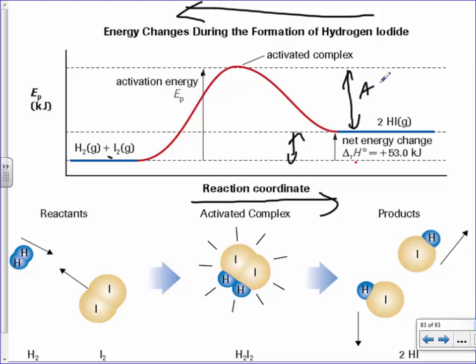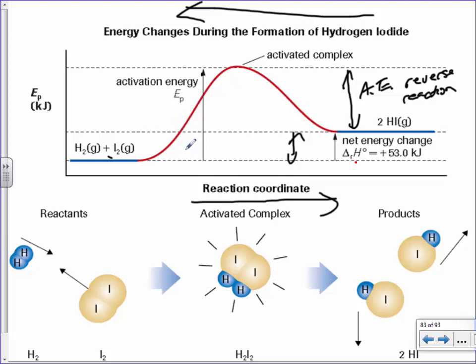That would be the activation energy for the reverse reaction. Does that make sense? So if you wanted to put this reaction in reverse, going forward it's endothermic, going backwards would be exothermic. Does that concept make sense?